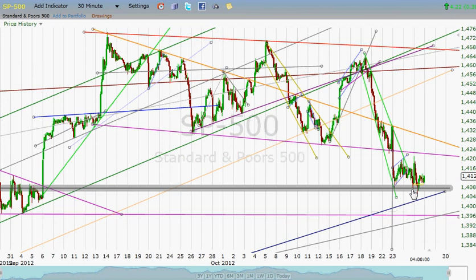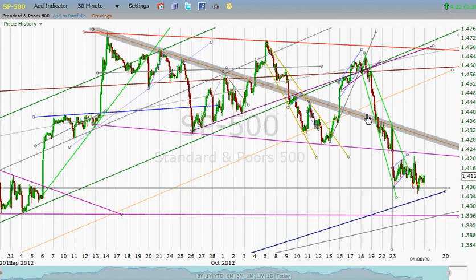And I'll be honest with you, I think at this point you have to recognize these support lines, but at the same time, I think you got to recognize this pattern. And for that reason, I may be wrong in doing so, but I think discipline says it's a triple top. It has a target in the mid to low 1380s. I think you have to respect that.